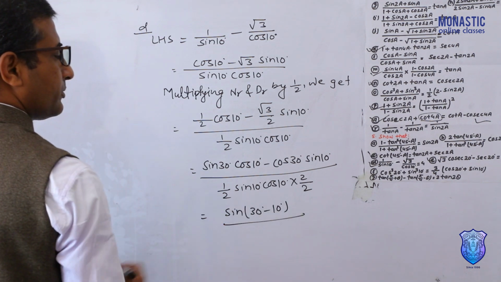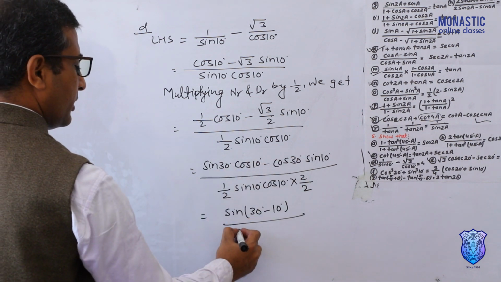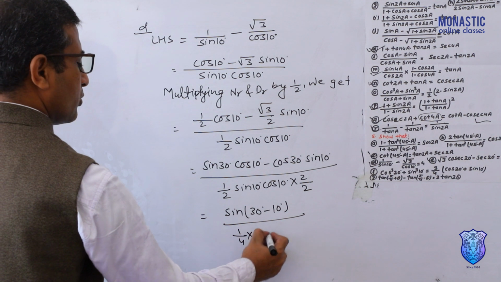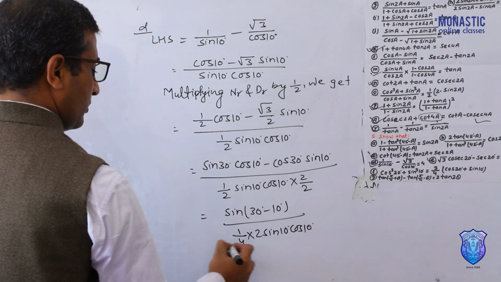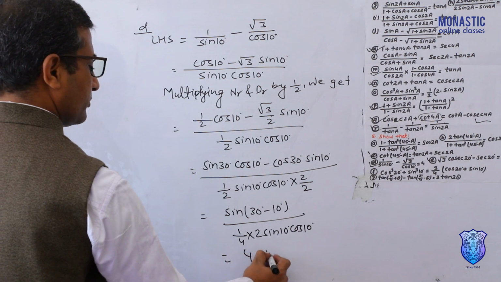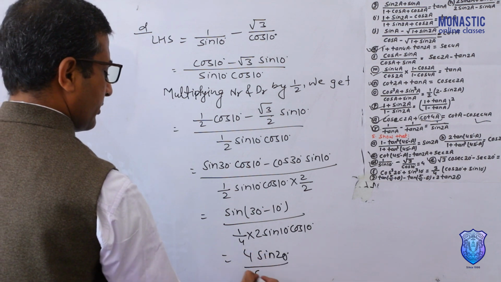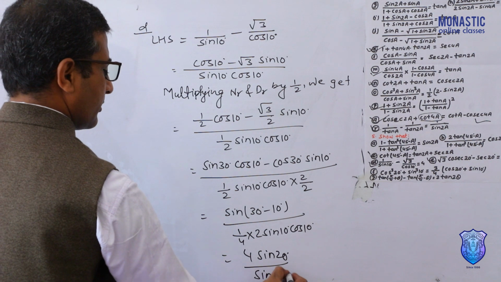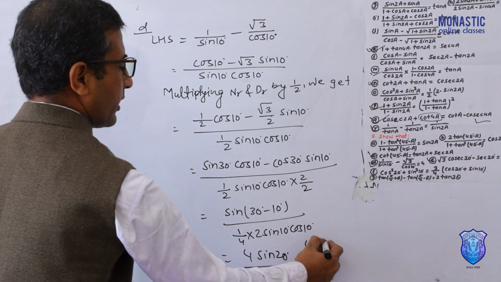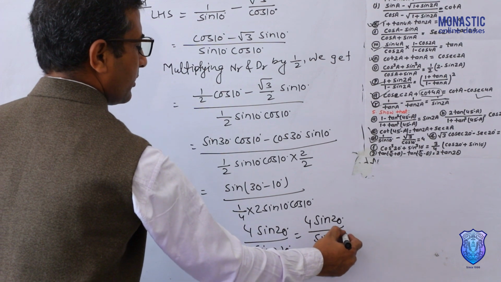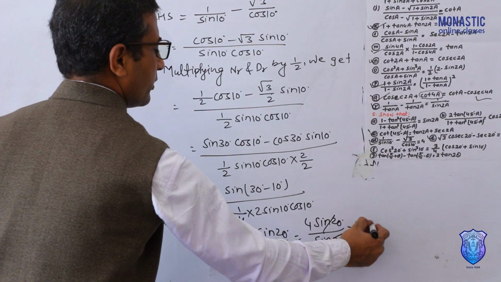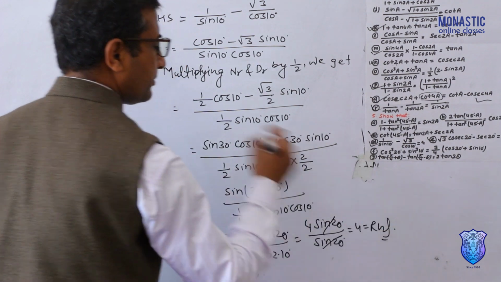Now in the numerator it is sin of A minus B, and down it is 2 sin 10 cos 10. 4 came up, then it is sin 2 into 10. 4 sin 20 by sin 20, cancel these two, it's 4, that's your result.